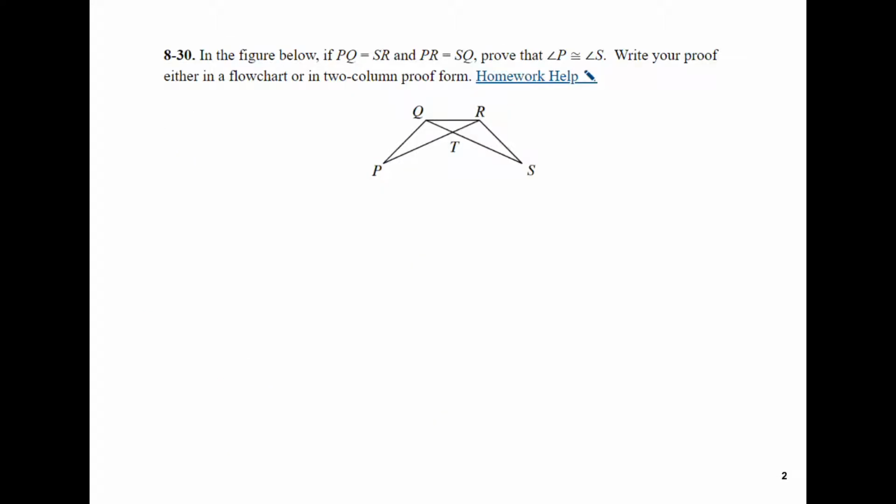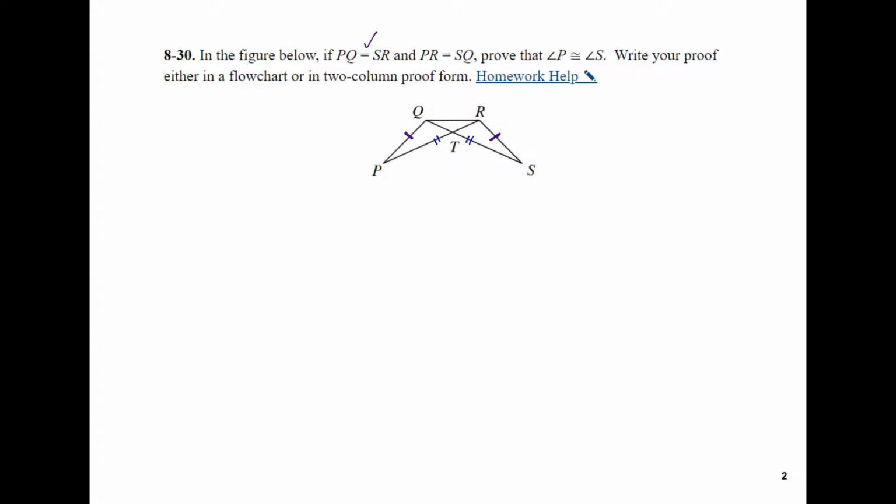8-30 says, in the figure below, if PQ equals SR, and PR equals SQ, prove that angle P is congruent to angle S. Write your proof in either a 2-column chart or a flow chart. So if we use a 2-column proof, sometimes it's easier not to forget our reasons that go along with our statements.